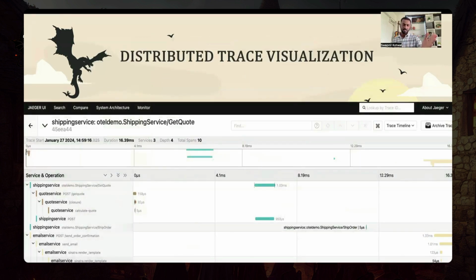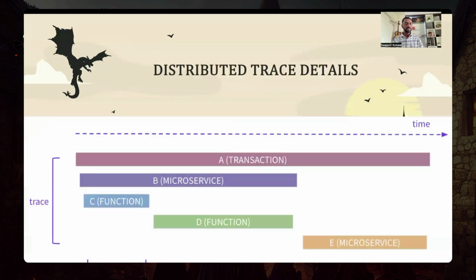If you look at this waterfall tree, it actually has some time, and the data type, what kind of request it was, which kind of microservice it has, and things like that. Okay, and how much time was spent by that particular request on that particular method or that microservice as a whole. So this is the representation of it.